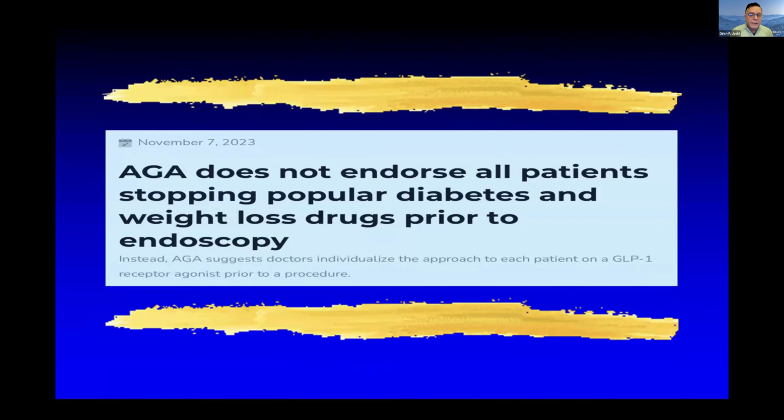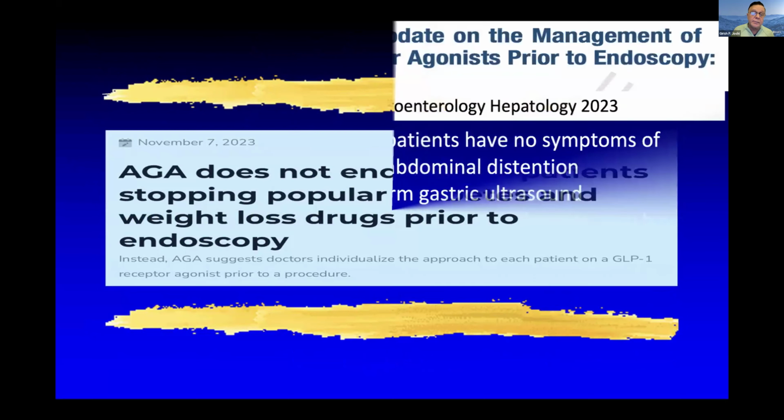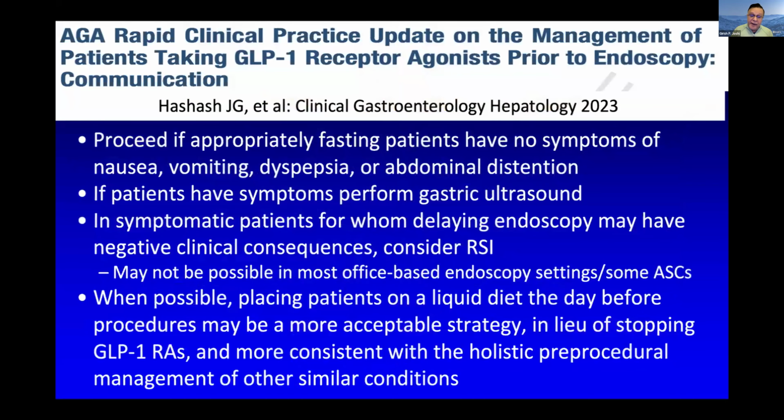And this is the media blurb, which they had saying the AGA does not endorse all patients stopping popular diabetes and weight loss drugs prior to endoscopy. However, the paper they quote for this media blurb, in fact, except for the duration of withholding the drugs, agrees completely with the ASA.